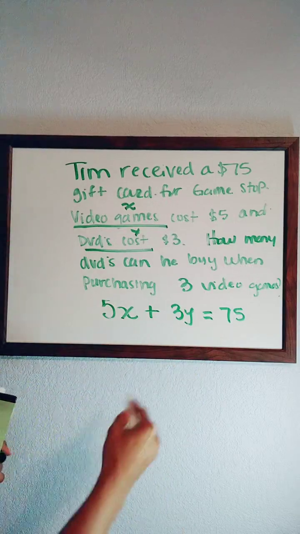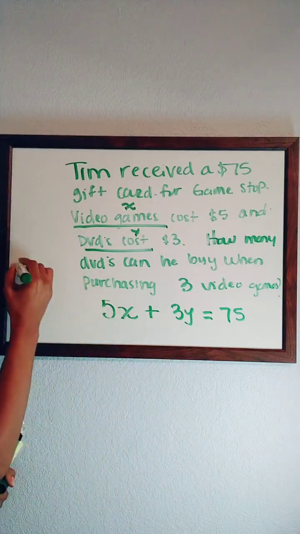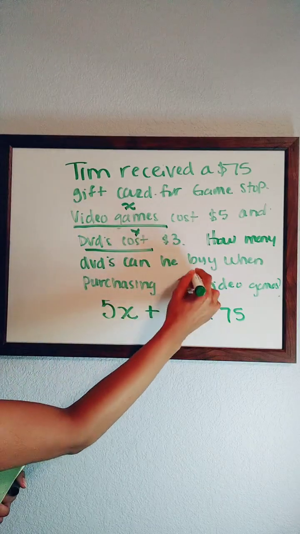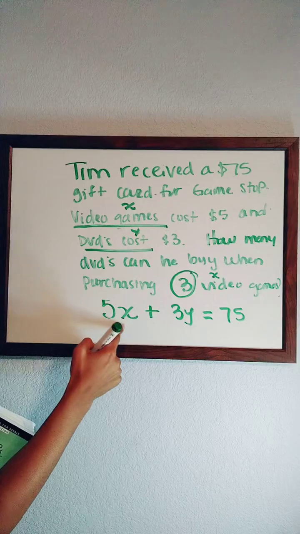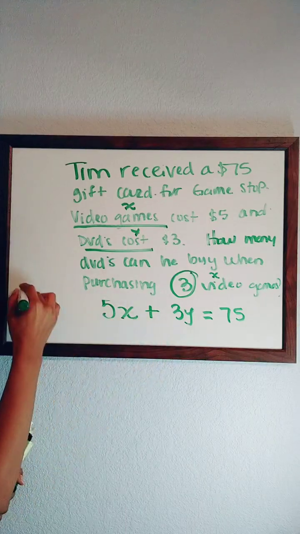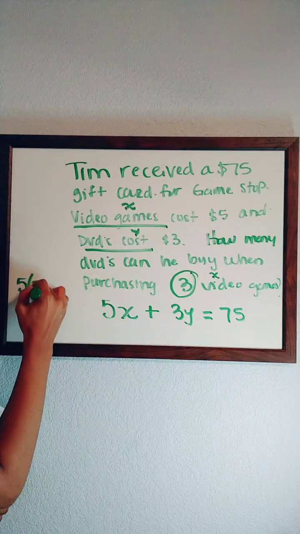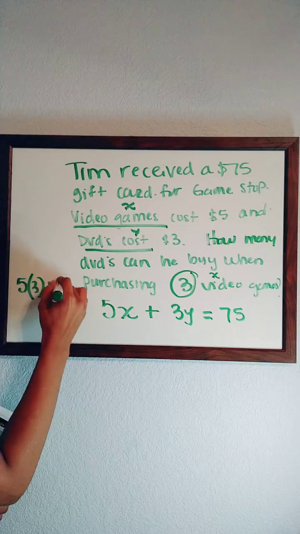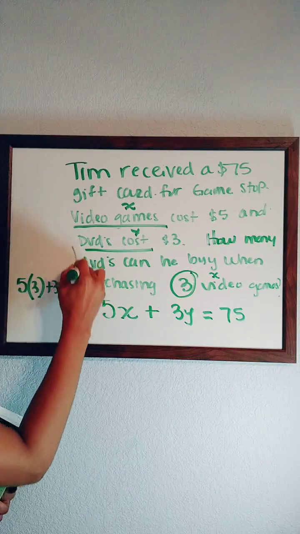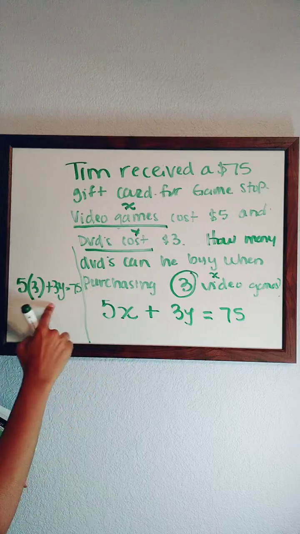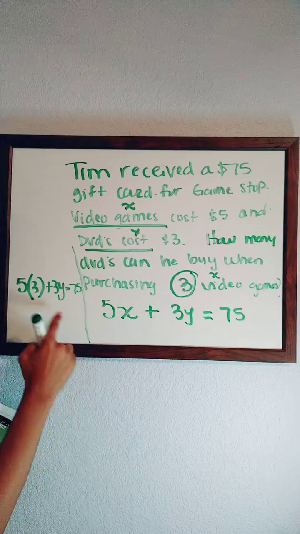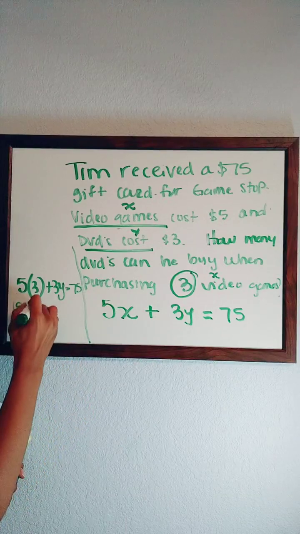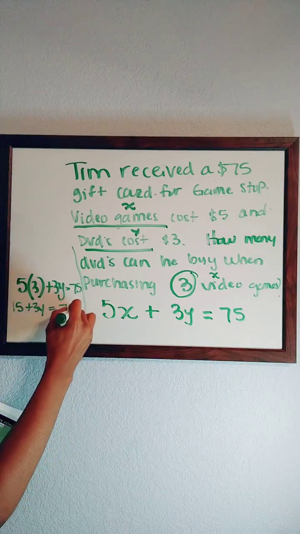I said if he bought 3 video games, which is X, then how many DVDs could he buy? So I would do 5 times 3 plus 3y is equal to 75. This would be my equation that I would solve to determine how many DVDs I could buy. Then this would be 15 plus 3y is equal to 75.